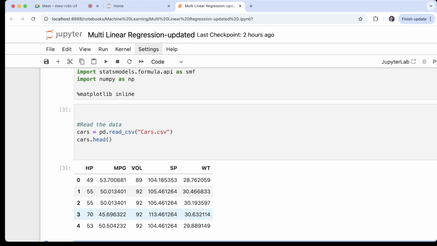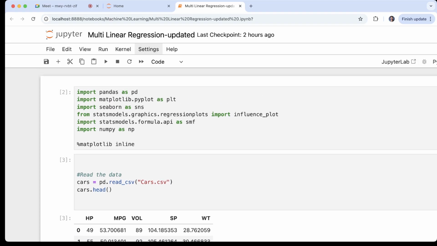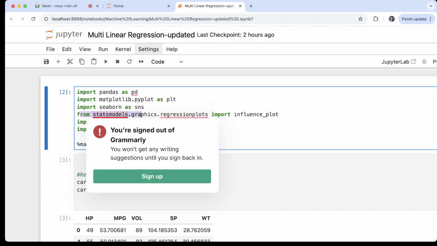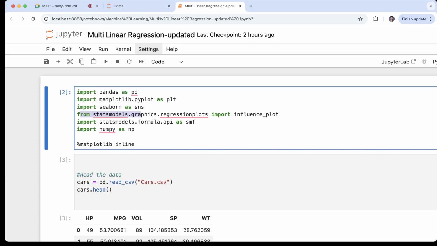We will discuss. Firstly, we are just importing all the libraries: pandas to import and pre-process the data, Matplotlib to plot the graphs, Seaborn, which we have seen already, also to plot the graphs, and statsmodels to build the model.